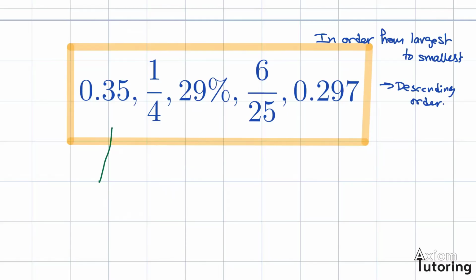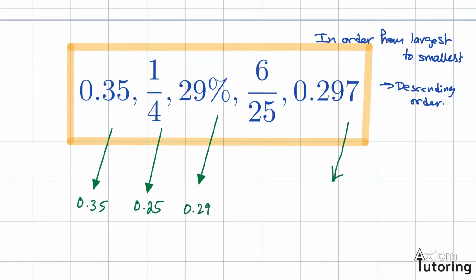So 0.35 is already a decimal. A quarter, as we saw earlier, is 25%, so that's 0.25. 29% we know can be written as 0.29. So far we have 0.35, 0.25, 0.29, and 0.297.